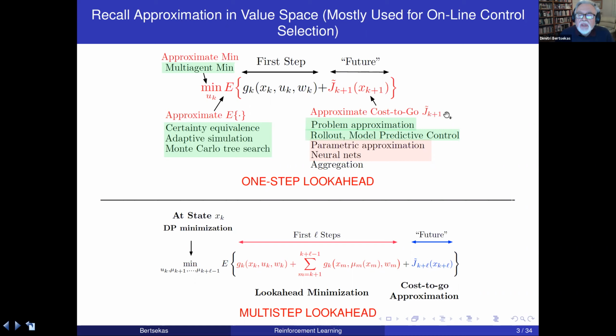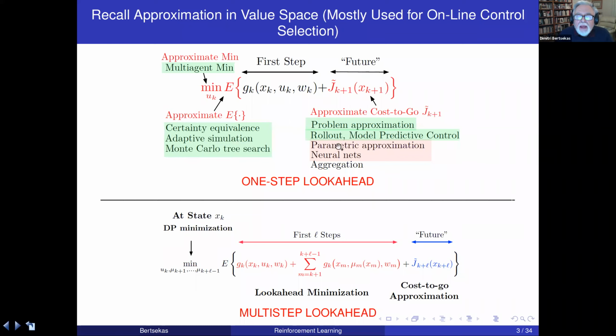And we have also spent a lot of time discussing various methods for approximation of these j tilde functions. Problem approximation is one of these approaches. We spent a lot of time on rollout. In this special case, model predictive control.